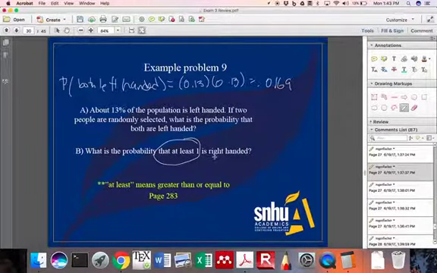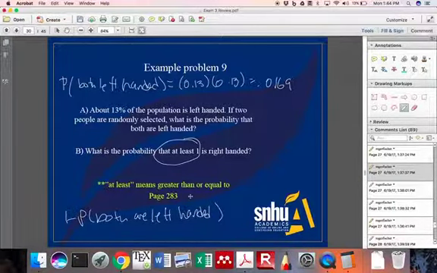Now, the probability that at least one is right-handed, well, let's think about this. It should be 1 minus the probability that both are left-handed.